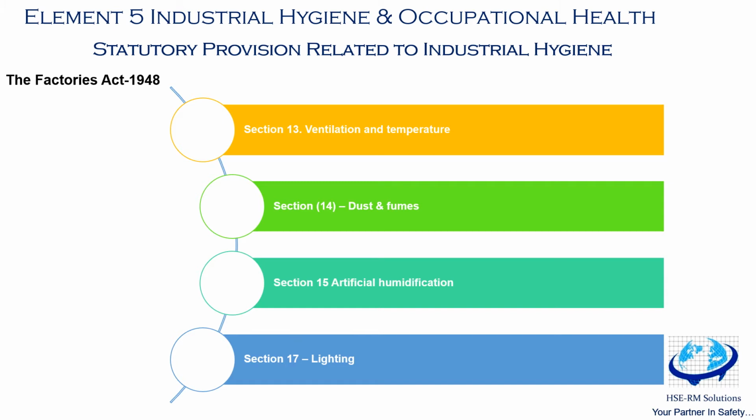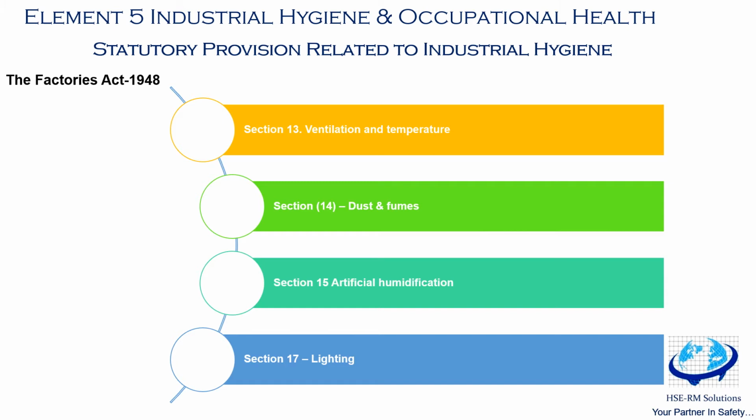And if any exhaust appliance is necessary for this purpose, it shall be applied as near as possible to the point of origin of the dust, fumes or other impurity, and such point shall be enclosed so far as possible.